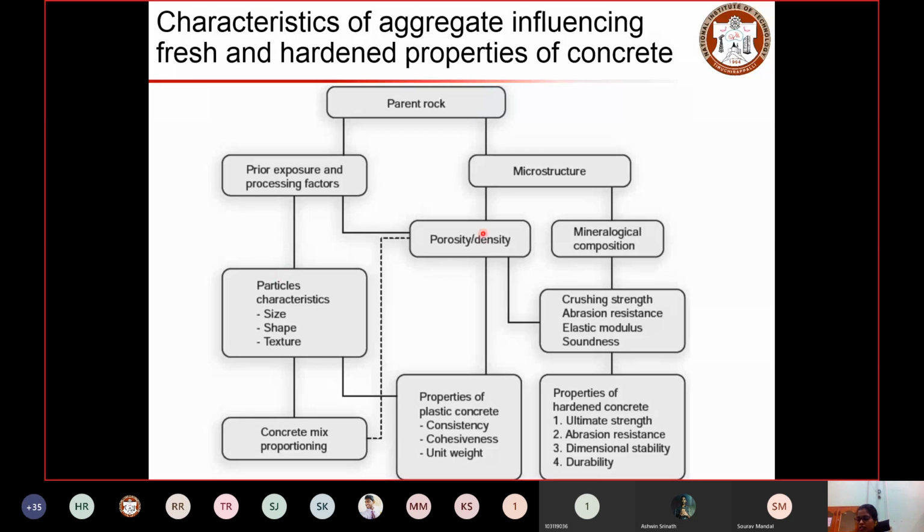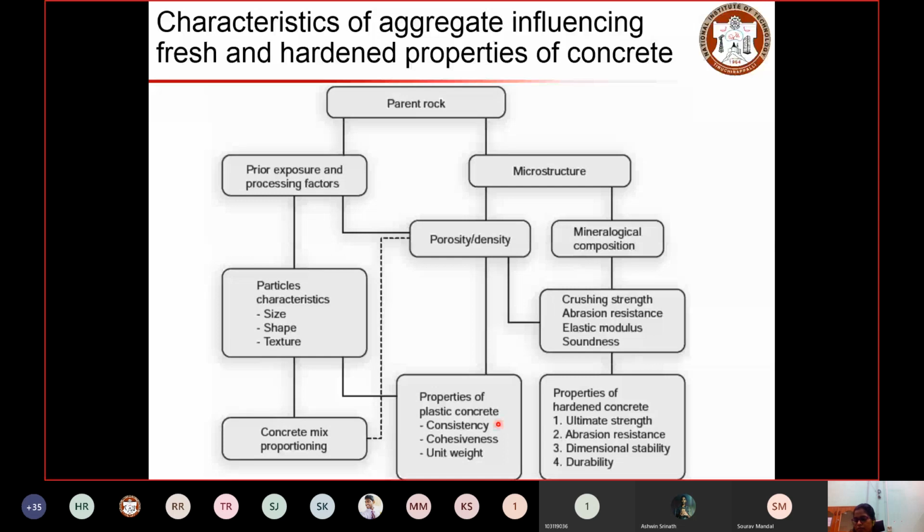So when we have such things, that has an influence on the fresh plastic stage of concrete. The property of plastic concrete is basically consistency. We know that consistency, in the case of cement, is the optimum amount of water required to mix or place the cement.